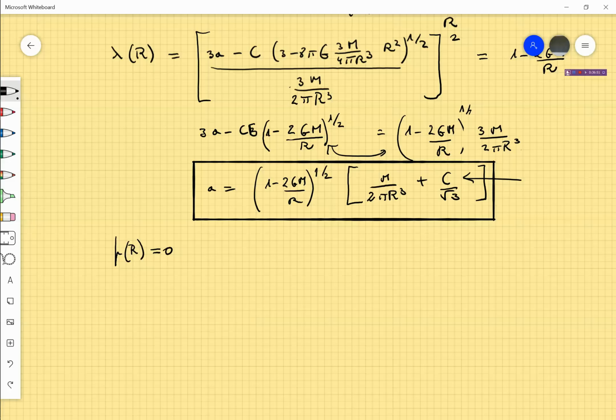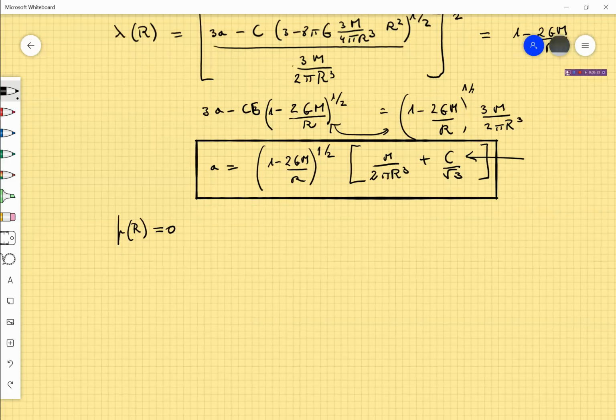It looks like a reasonable physical condition, but this is given by a divided by lambda 1/2 evaluated at capital R, minus rho 0, which is minus 3M divided by 4 pi R cubed.